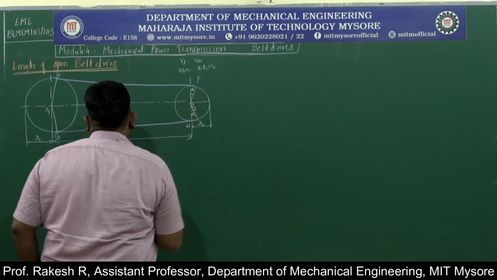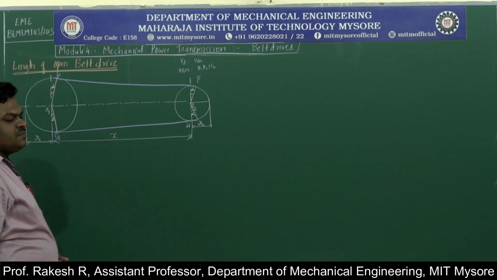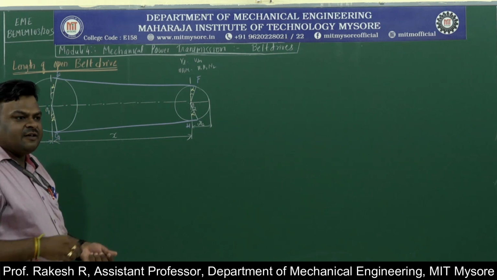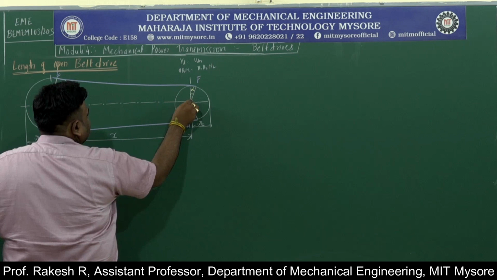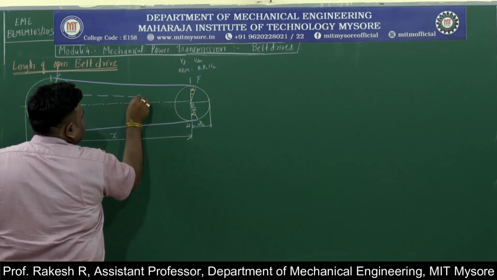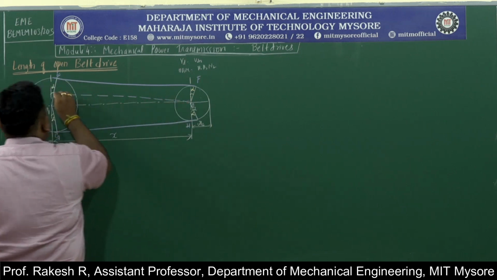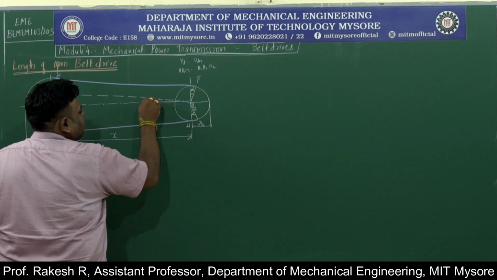Again this is alpha, this is alpha. To understand the construction, I will draw a line at center O2 parallel to EF. This point is called M, and this angle is called alpha.